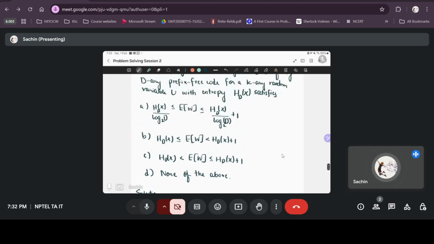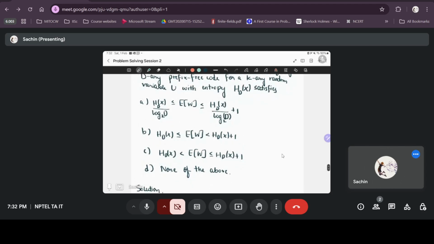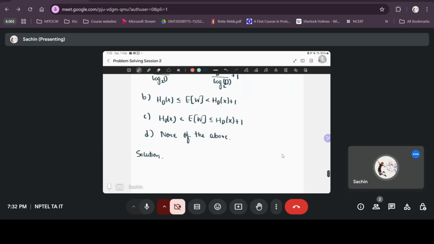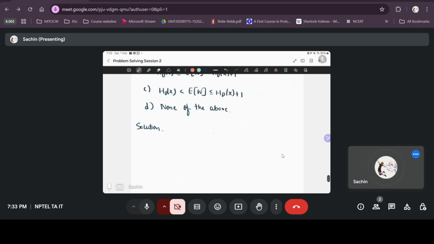The lower bound and upper bound for the average code word length E[W] were already derived in class. The average code word length is greater than or equal to H(X) divided by log D and less than H(X) divided by log D plus 1, where H(X) and log D must be to the same base.